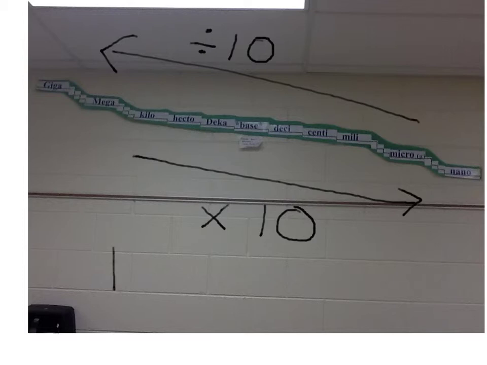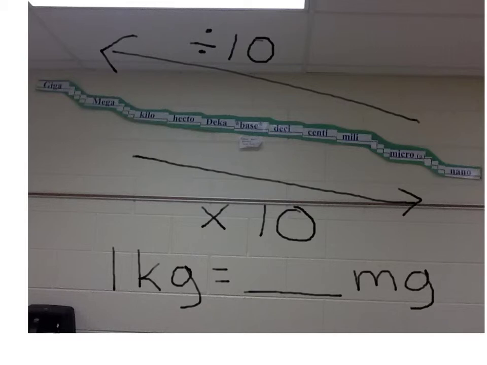So let me give you an example here. 1 kilogram equals how many milligrams? Well, if we take a look at it, kilo is here, hecto, deca, base, deci, centi, milli, right?